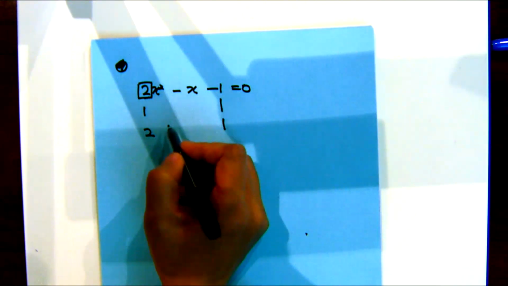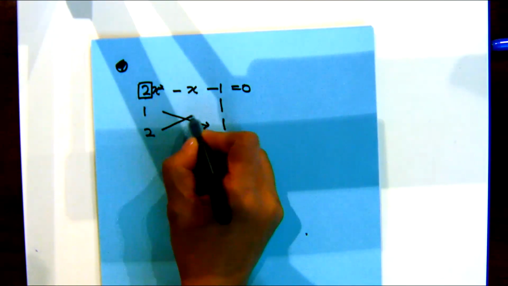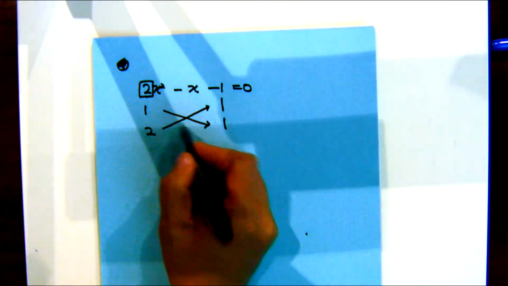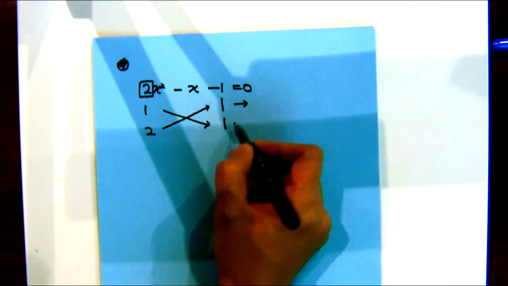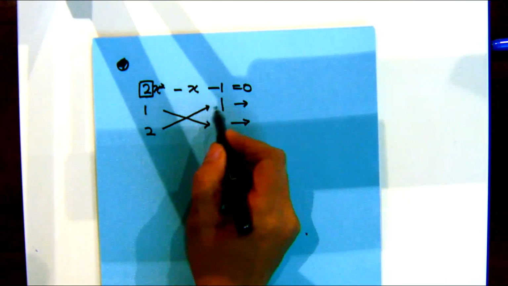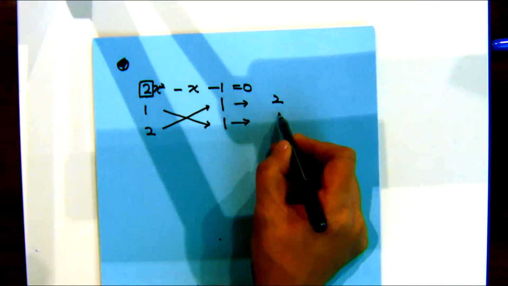So what we do is, after you list the numbers vertically like this, we will do cross multiplication and see what happens. 2 times 1 will make 2. 1 times 1 will make 1.